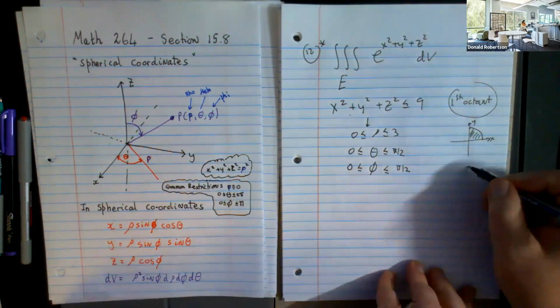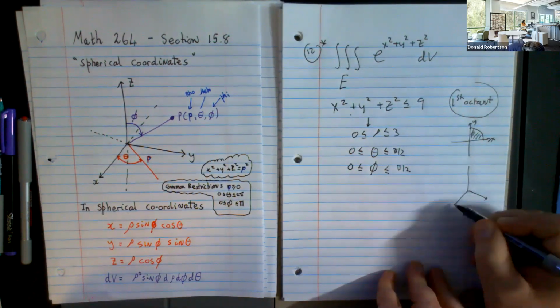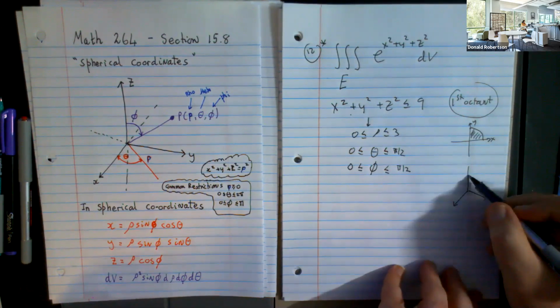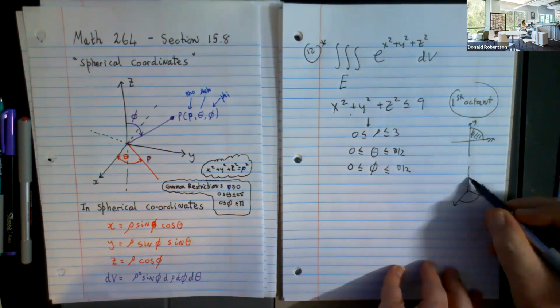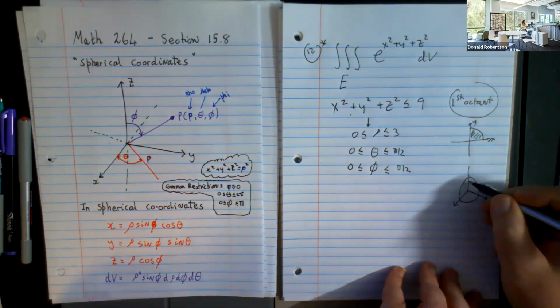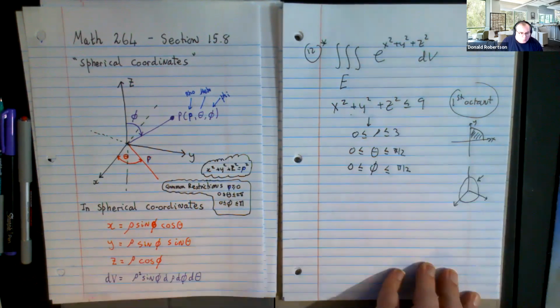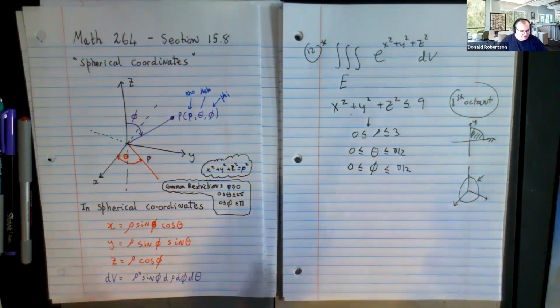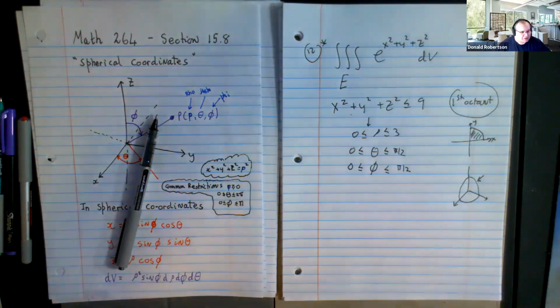I'm trying to draw this and I'll murder it. But isn't the thing that we are dealing with just this little 1/8 of a sphere? Can you imagine that you had a nice big birthday cake and somebody made it in the shape of a sphere, and you just cut one octant, right?